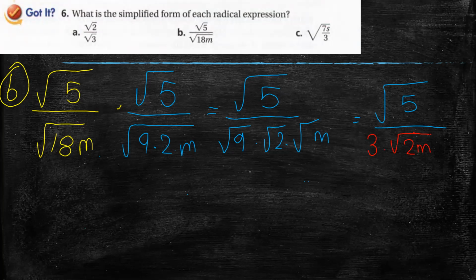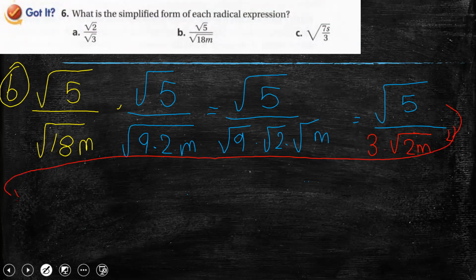Until now, is it clear? Yes, teacher. Okay, now look at the denominator. Did I have a square root under the denominator? Yes. So let's continue here. We have square root of 5 over 3 times square root of 2m.